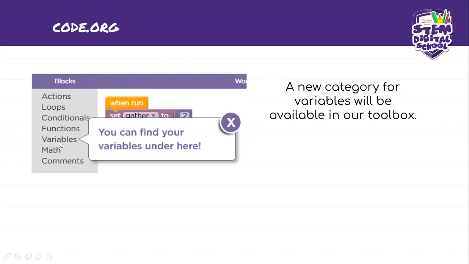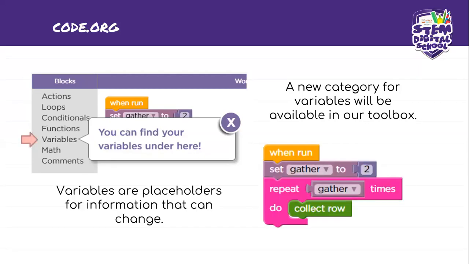And if we want to see what is available inside that, there we go, there's our variables. Variables are placeholders, you have to remember that, for information that can change.